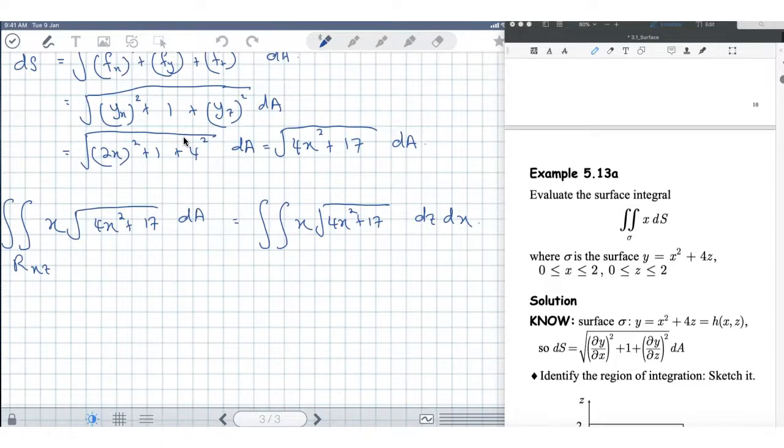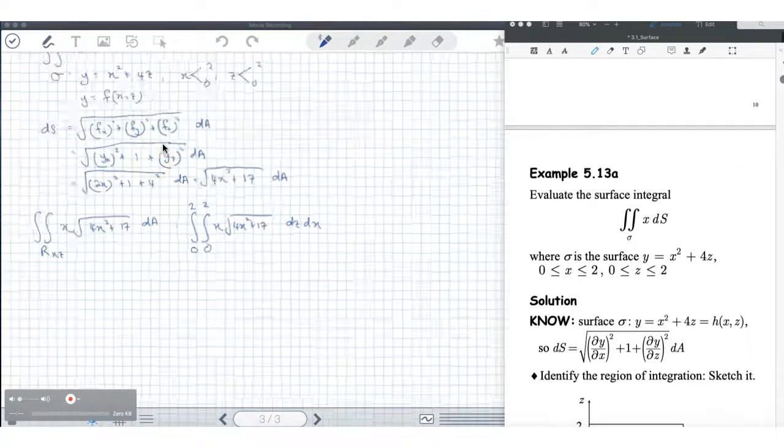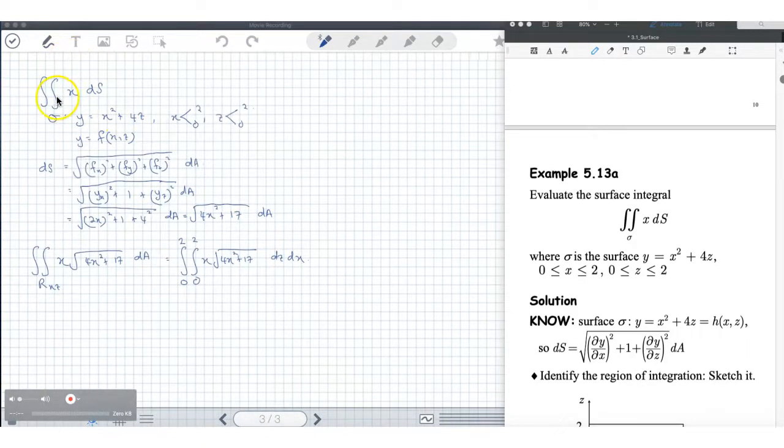What is the limit of z? 0 to 2, and x also 0 to 2. So now the surface integral dS has been converted into dA, and when you substitute, you have the standard form of the double integral in terms of dA.